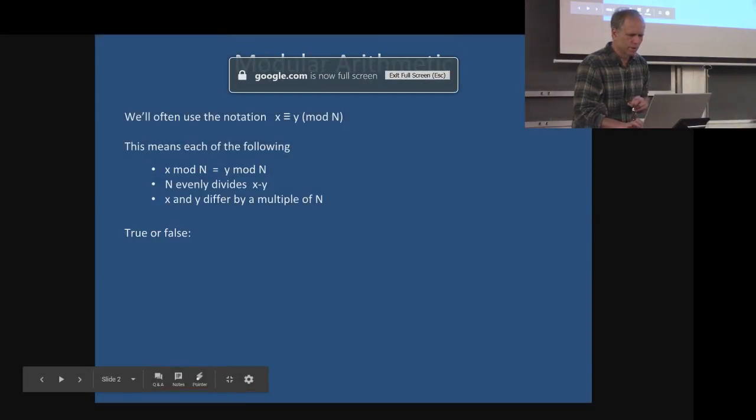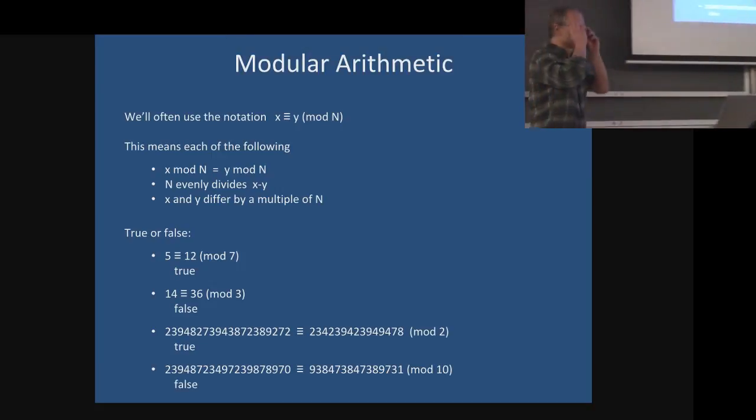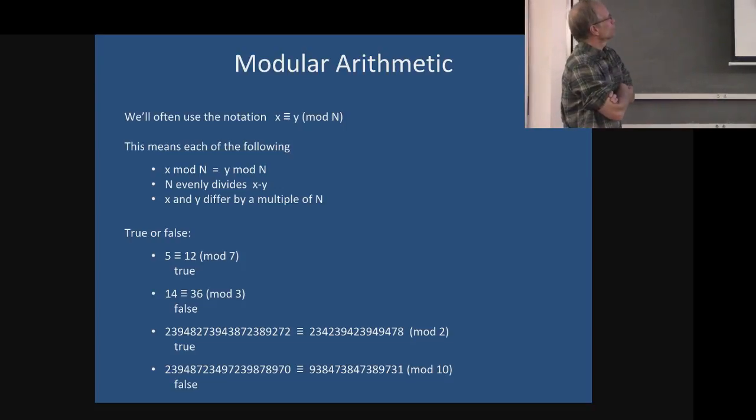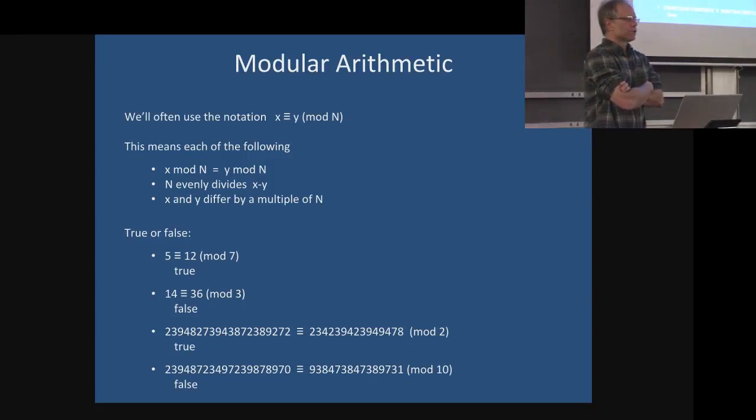All right, we did this last time, so I'm just going to remind you where we were. We're talking about modular arithmetic, and this notation here, this triple equals, is congruence or equivalence. We say that two numbers are congruent mod n if they differ by a multiple of n, if their difference is divisible by n.